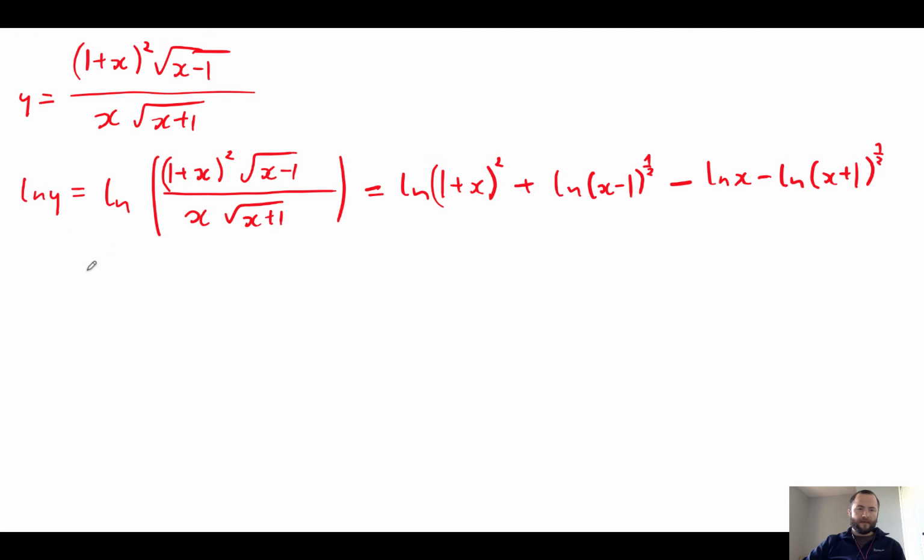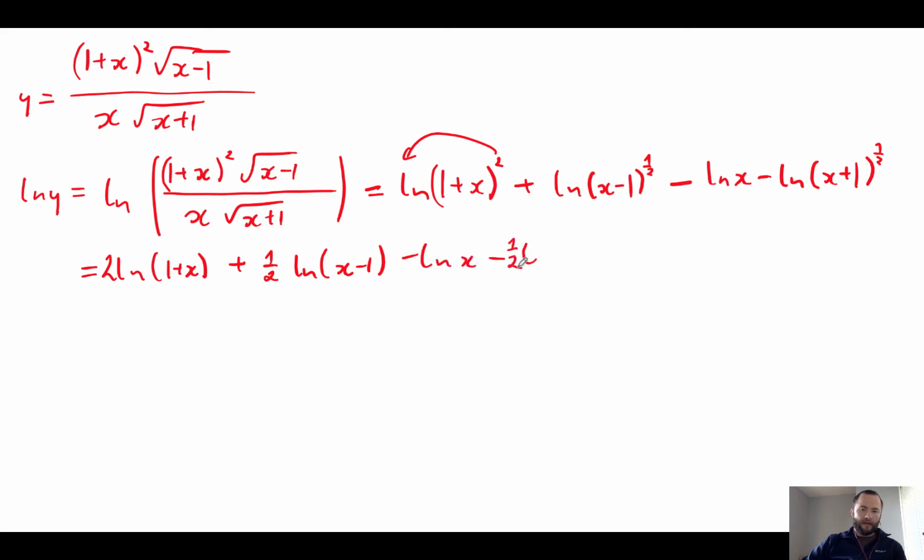Now I can simplify it just a little bit more by remembering that if there is an index number in the term in the logarithm, that number drops in front of the logarithm. So I'm going to end up with 2 ln of 1 plus x plus half of ln of x minus 1 and minus ln of x minus half again ln of x plus 1.